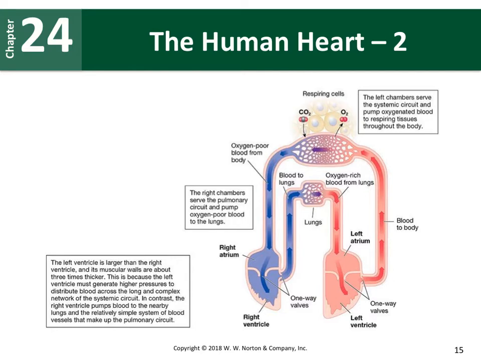So let's first take a look at the right chambers, which serve the pulmonary circuit, in blue. Coming from the rest of the body, the blood is now deoxygenated and carrying carbon dioxide in the blood plasma. So it comes into the right atrium, oxygen-poor blood.